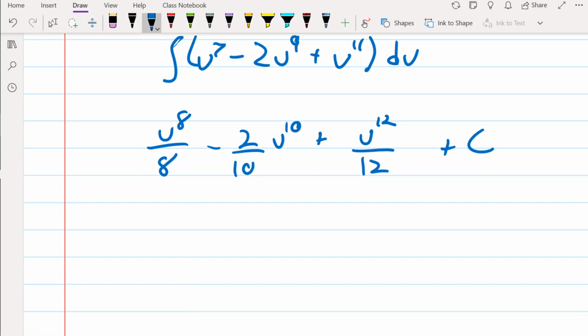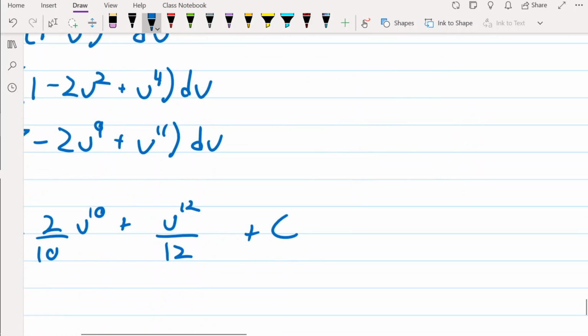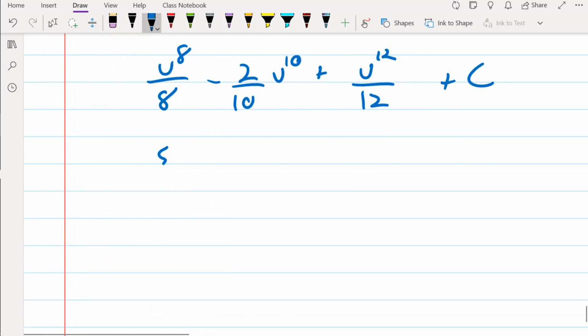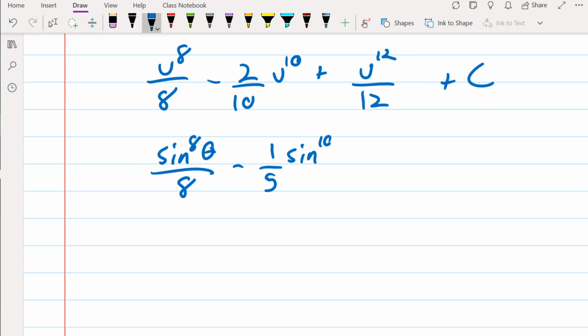Then we'll just fill in our u's. So u is equal to sine of theta. We have sine to the 8th theta over 8 minus, no, 2 over 10 sine to the 10th theta plus 1 over 12 times sine to the 12th power of theta.